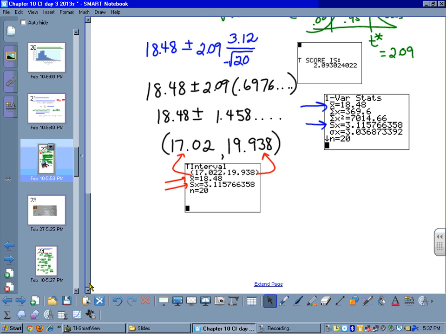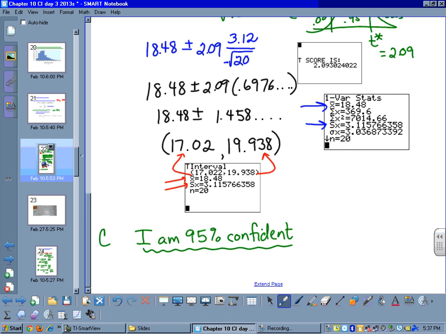So my last step then is to write my conclusion. I am 95% confident. And we discussed what that phrase means. It means something special.